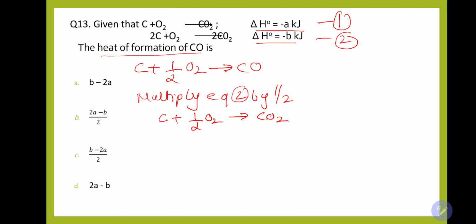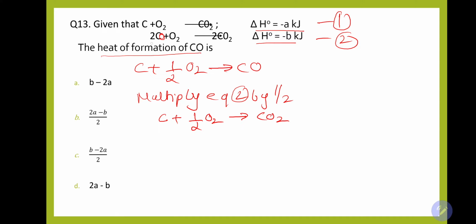After getting this equation, what is our next step now? Sorry, I think I have written both the equations the same. So over here it is carbon monoxide. Sorry for the wrong question.